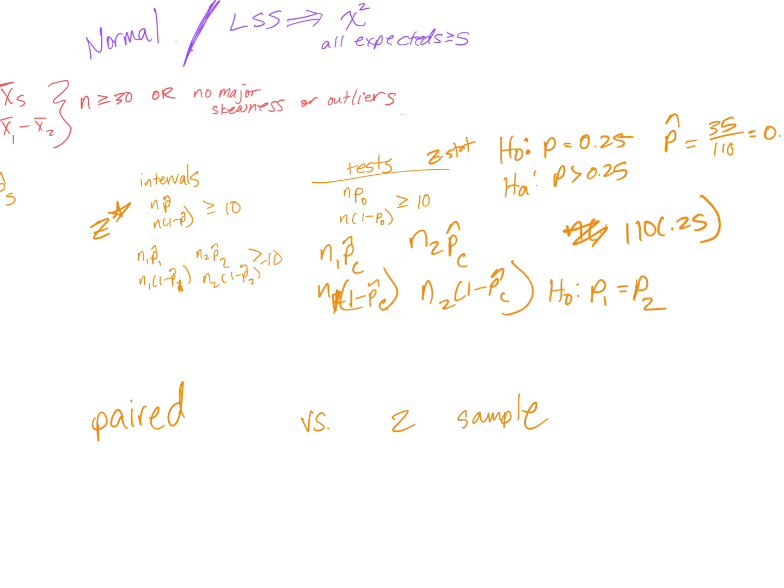That feels like it shouldn't be paired because they're two separate people, but there is a relationship between incomes in married couples. People typically marry people with similar educational levels and stuff like that. Now, not everybody, but statistics is not about individuals. Statistics is about looking for patterns within groups.